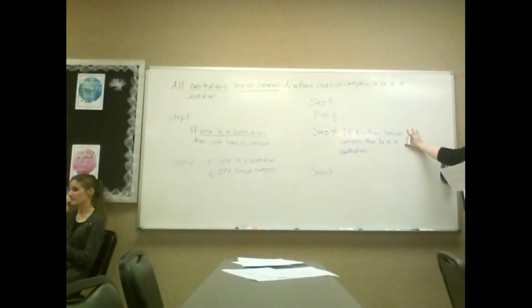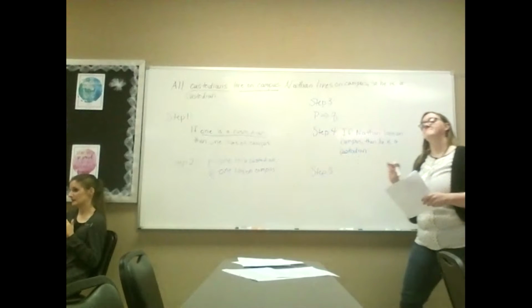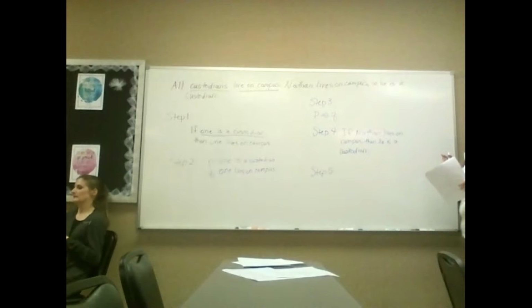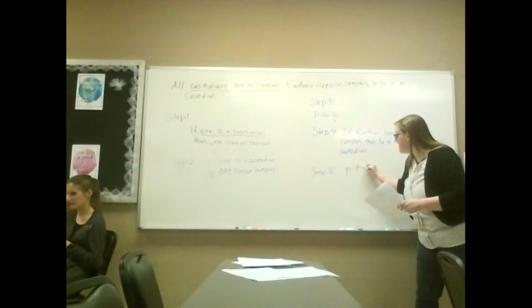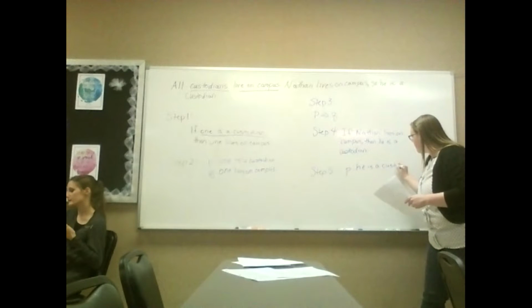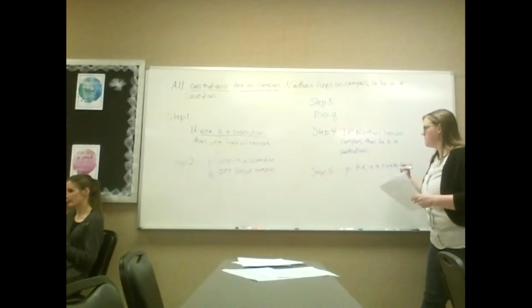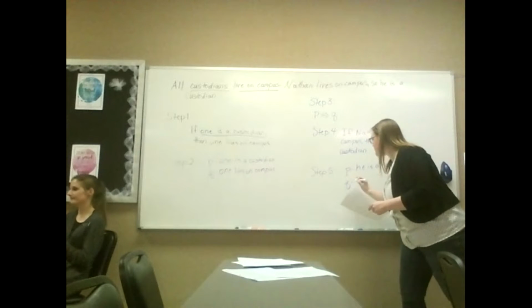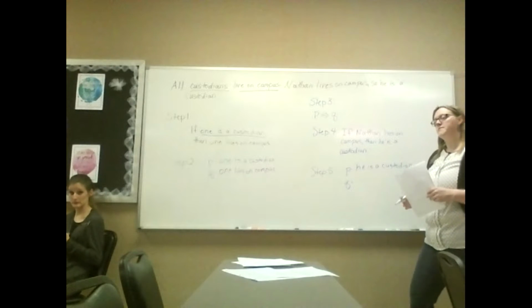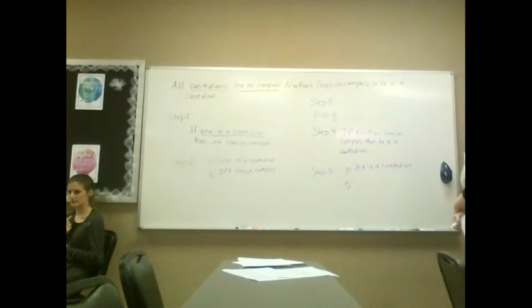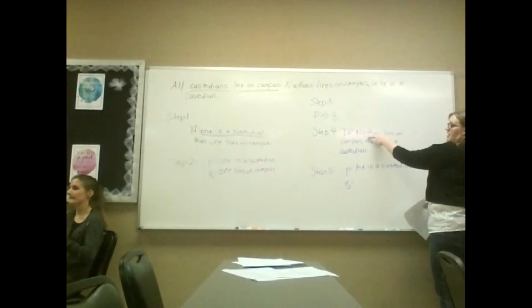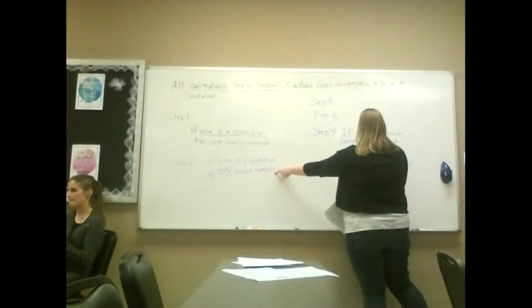It'll be P and Q. P would be he is a custodian, and then Q is Nathan lives on campus. We match up the parts, so here Nathan lives on campus goes with Q.